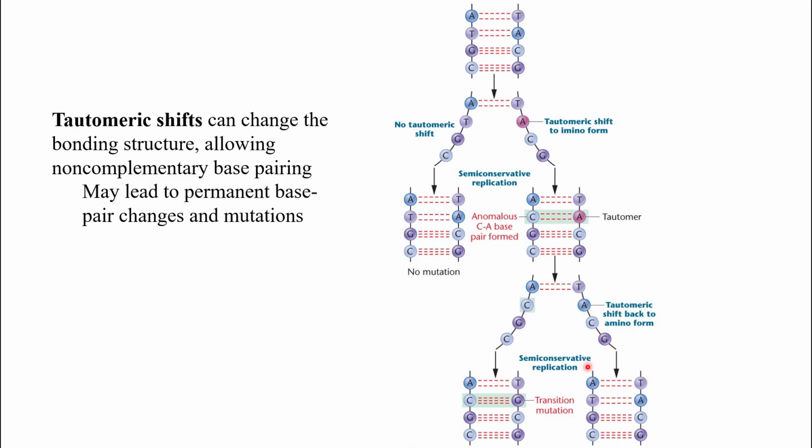And so when we go into the next round of replication and make the complementary strand, we pair again with thymine, but in this cell, that cytosine remains, and it's going to normally pair with guanine. And so now we have a cell in which we have cytosine-guanine over here, and over here we'd have adenine-thymine.